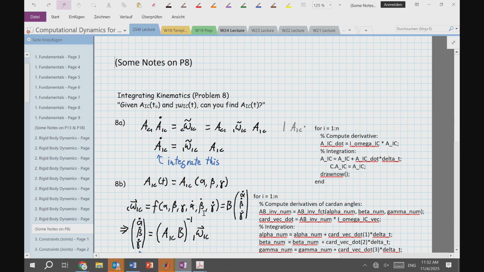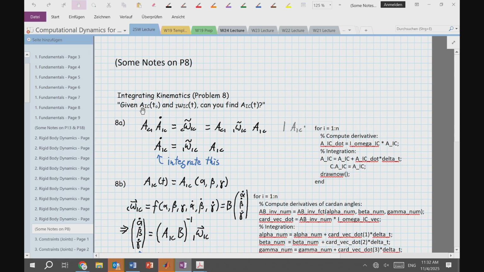And this is actually what I would like to do first today, to talk a little bit about what we saw in this problem 8, where our basic idea was that you have a coordinate system in some orientation at time t0, given, of course, through a transformation matrix.